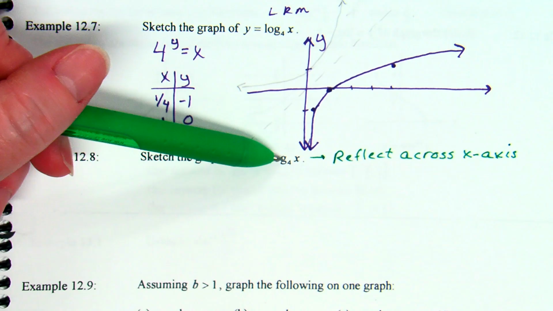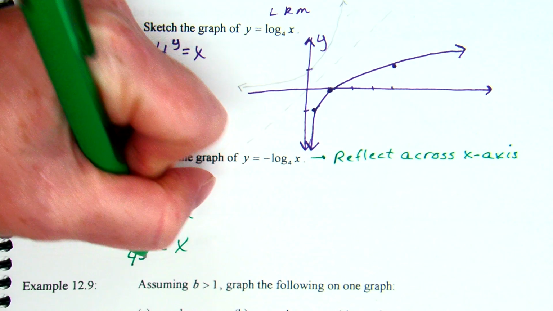So I could go 4 to the negative y equals x. To make that negative exponent positive, it's 1/4 to the y equals x. And basically, you'll just find all of your x values are just the reciprocal of them, isn't it? Okay.